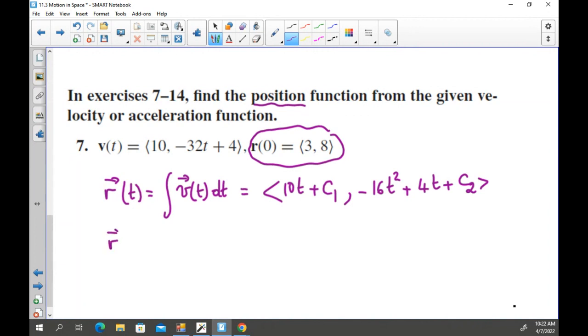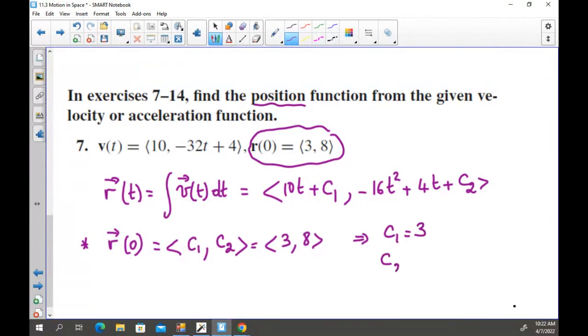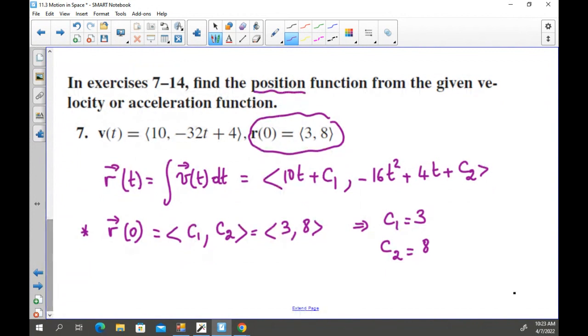So you say r of 0. First, substitute t with 0, so it's going to give you c1, c2. And this is equal to 3, 8. That means c1 is 3, and c2 is 8. And that's it.